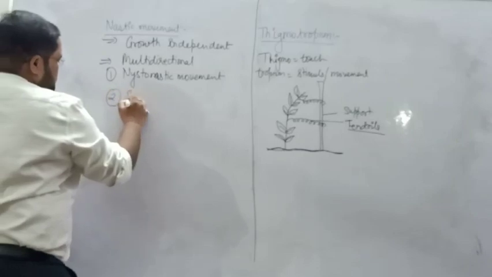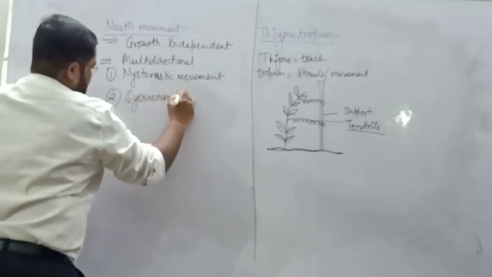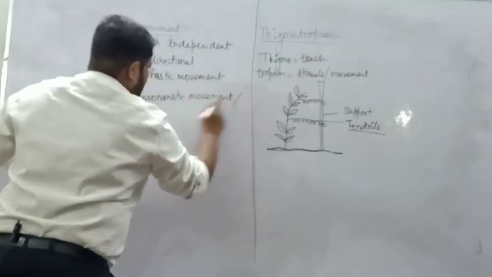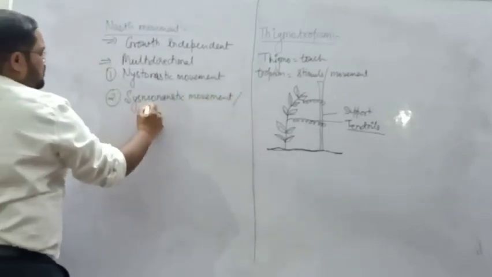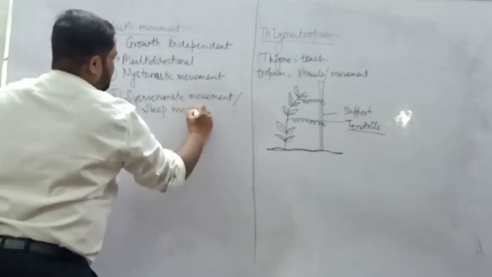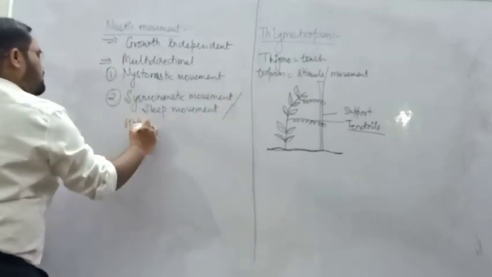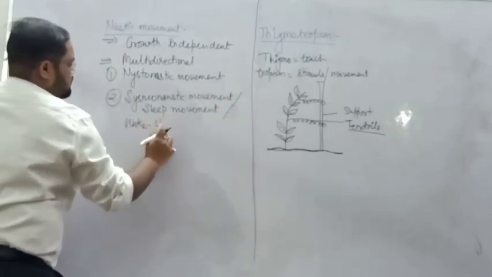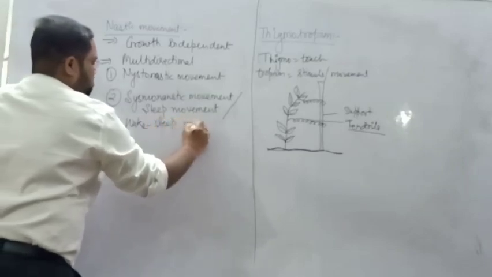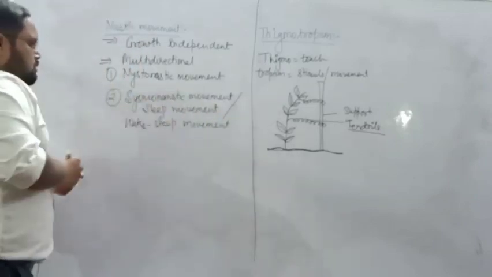Second one is seismonastic movement. Seismonastic movement is also called sleep movement or wake sleep movement. Why it is called that, we will tell later.